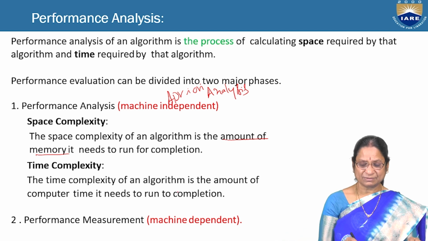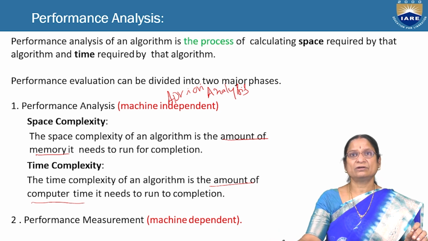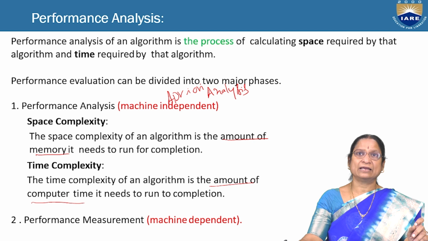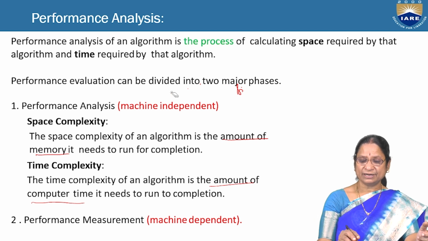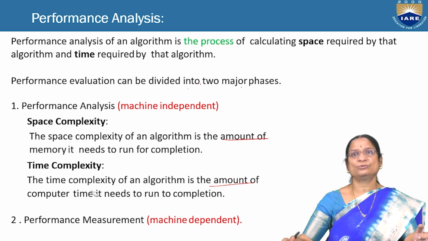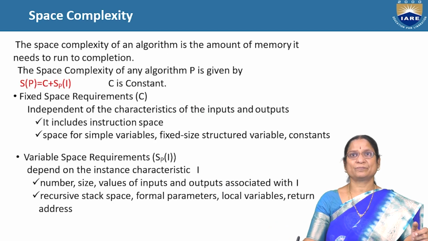And time complexity means how much time is required to run our algorithm. How to calculate? Because we are not running on a system. But how much time it takes, we have to consider various techniques to get the time needed to execute that algorithm as well as the space required to process that particular problem also.